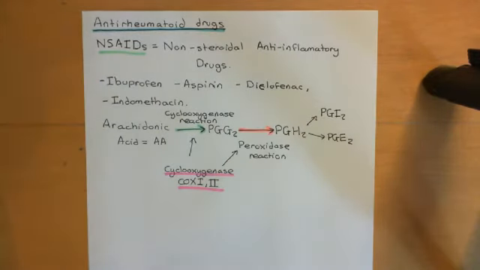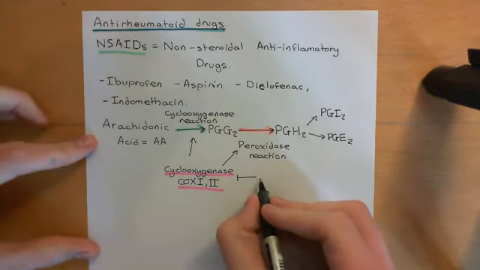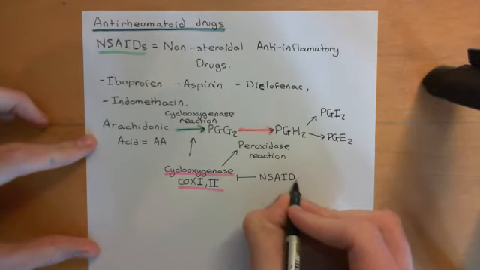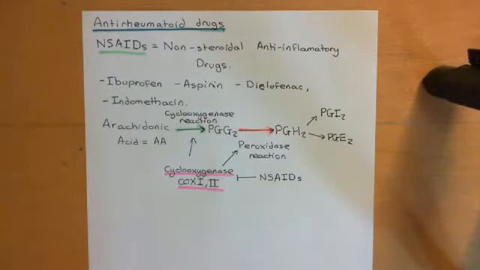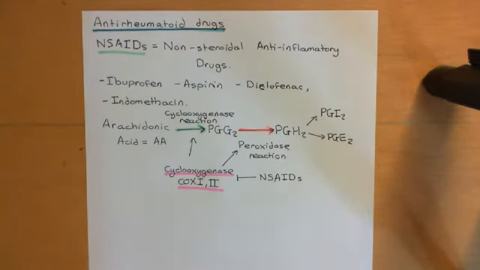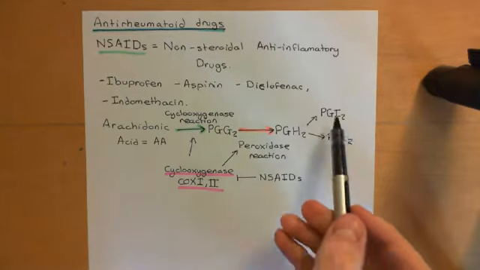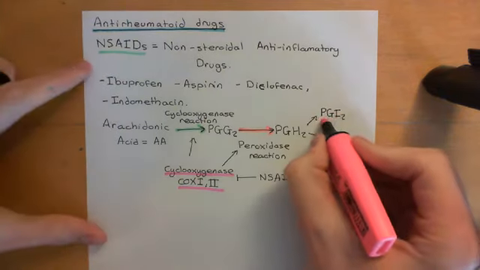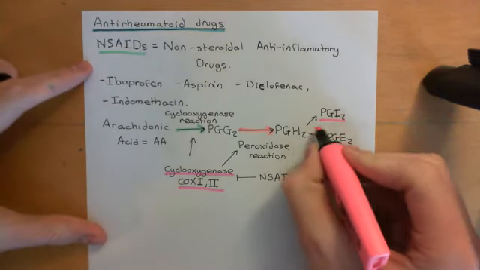Okay, right. Now, the non-steroidal anti-inflammatory drugs, ibuprofen, aspirin, diclofenac and indomethacin, they all work by inhibiting the cyclooxygenase enzymes. So the NSAIDs work by inhibiting the cyclooxygenase enzymes, and therefore you can no longer convert the arachidonic acid into the prostaglandin H2, and if you can't do that conversion, then you can't make prostaglandin I2 and prostaglandin E2 anymore, because they need the prostaglandin H2 in order to be converted into them.